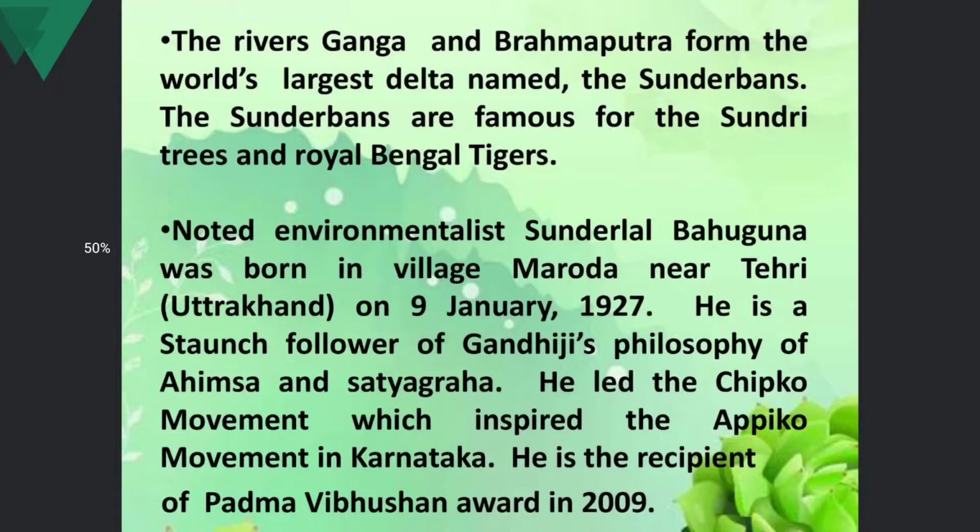Noted environmentalist Sundar Lal Bahuguna was born in the village Maroda near Tehri on 9 January 1927. He is a staunch follower of Gandhiji's philosophy of ahimsa and Satyagraha. He led the Chipko movement, which inspired the Chipko movement in Karnataka. He received the Padma Vibhushan Award in 2009.